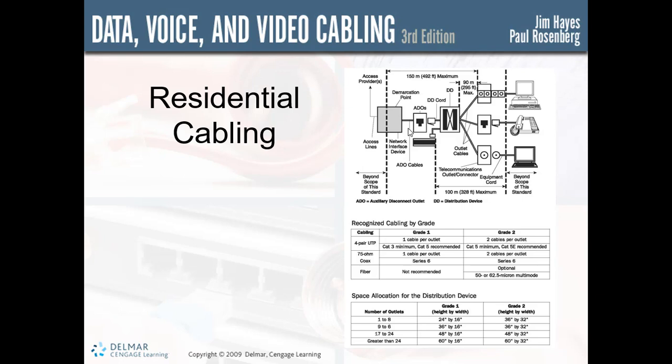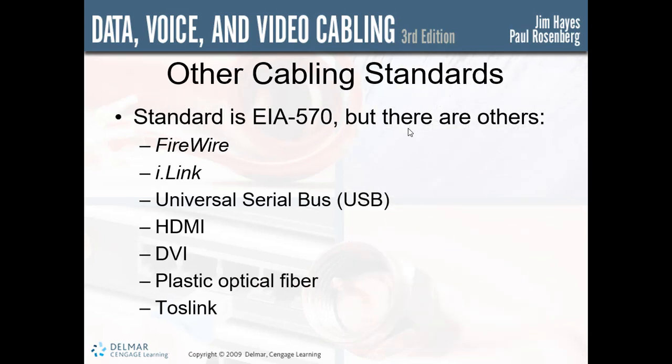Other cabling standards, although the standard for residential is 570, this is not the only broadband system available, and we recommend that you use the 570, but you should be aware that there are others. Two other types of systems, one called Firewire or iLink. These are registered trademarks of Apple and Sony. Firewire can transfer a lot of signal, up to 400 meg per second.